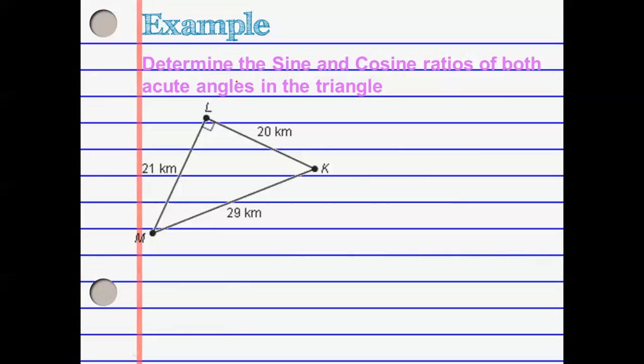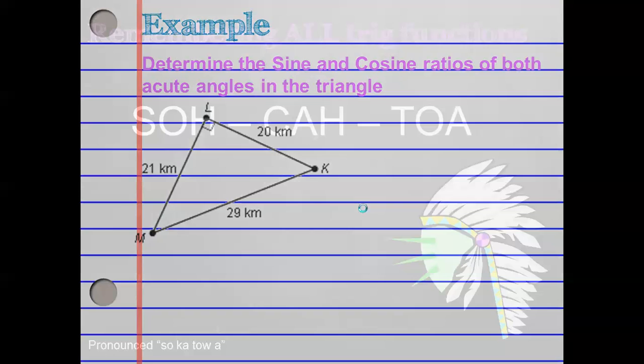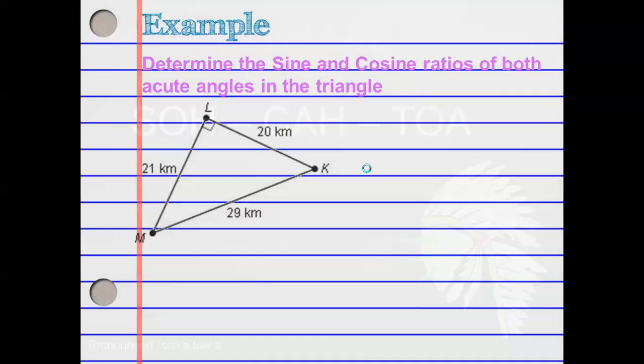On this one, we're just going to determine the sine and cosine ratios of both of the acute angles. Let's do the sine first. Remember our terms here: SOHCAHTOA. Sine is opposite over hypotenuse. We're going to do sine of angle M and then sine of angle K, because those are our two acute angles.